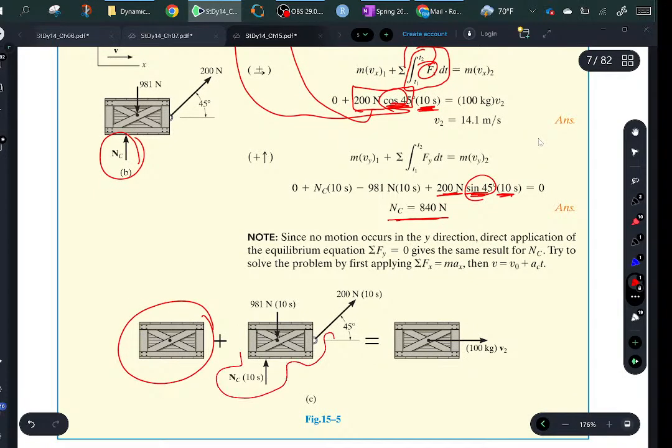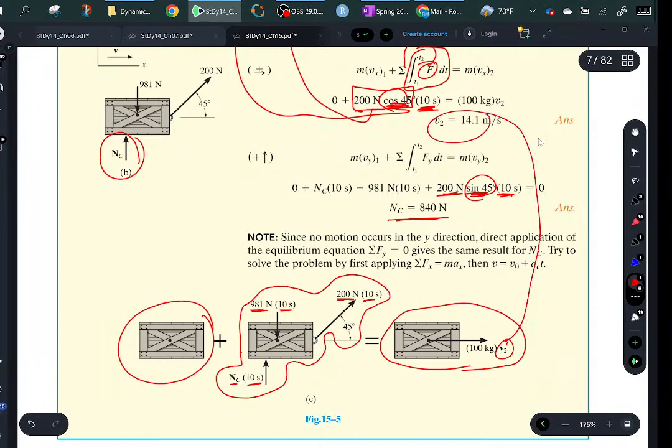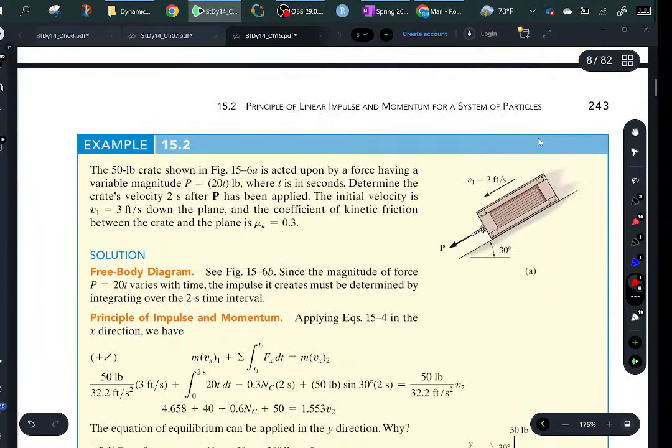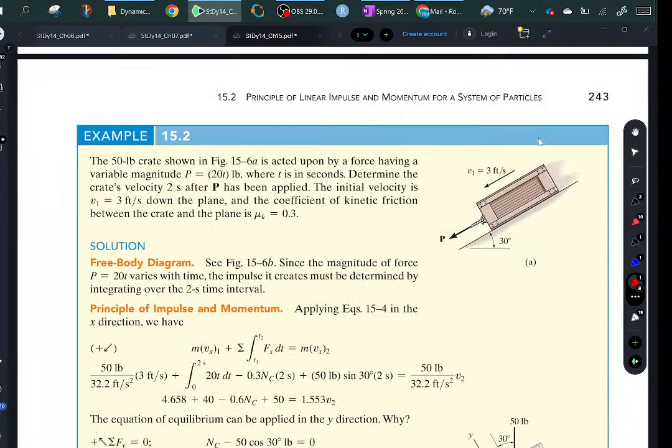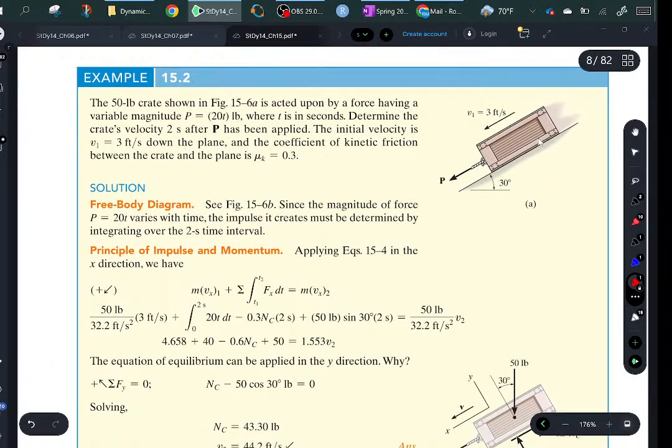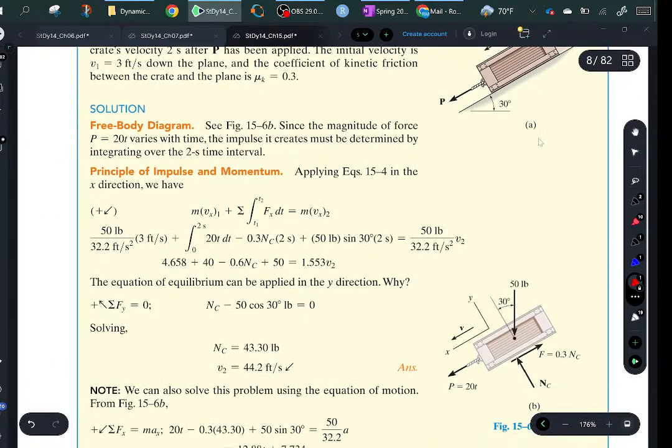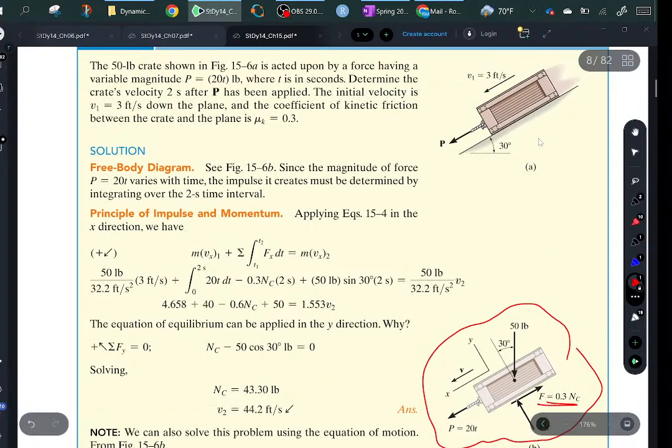Here's the force, force times time, force times time, and here's your final state, which is V2, which was found here. So all these are not difficult. They still do require you to consider a free body diagram. In this particular case, you could have some friction here.